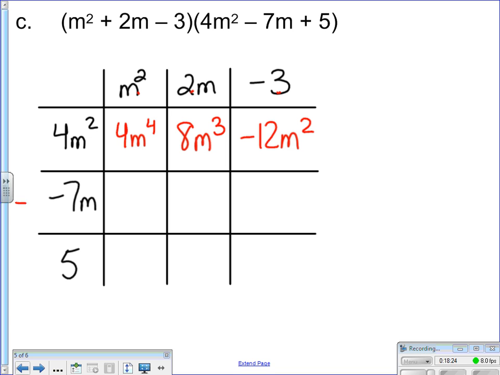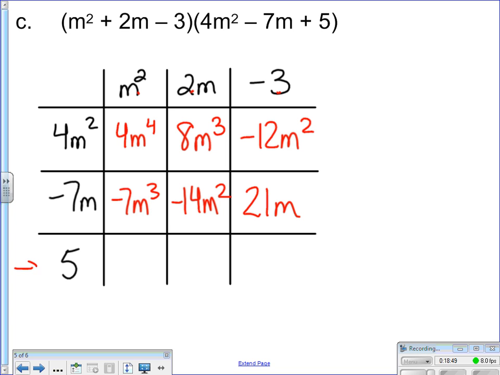Now, let's multiply on the second row. -7m and m squared, -7m cubed. -7m and 2m, -14m squared. -7m and -3, +21m.